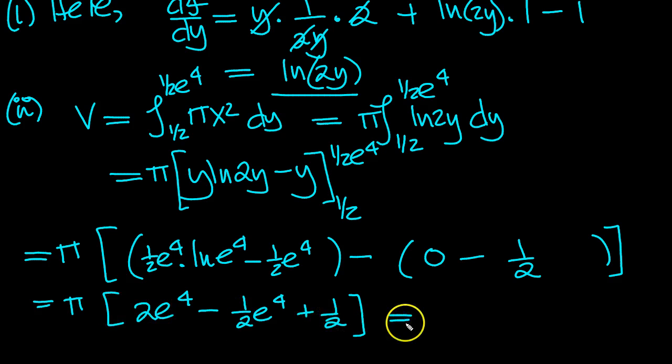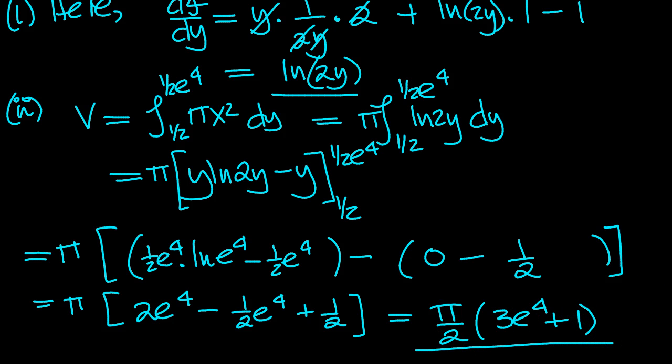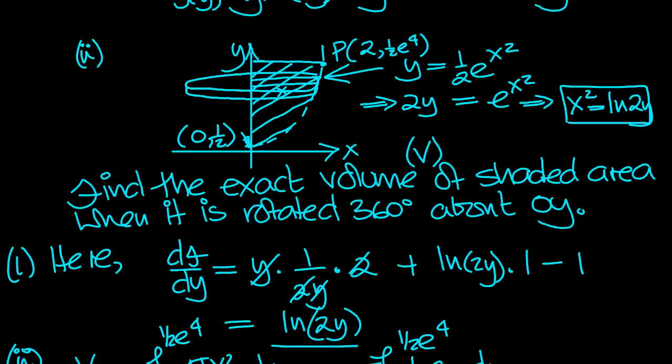I think we'll take out a half, so it's pi over 2, bracket. Now we've got 2 of them minus a half of them, which is 3 over 2. We've taken out a 2, so it's 3 e to the 4 plus the 1 that's here. So that's the volume then of the curve generated in part 2.